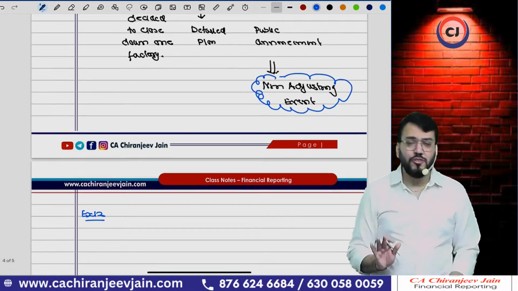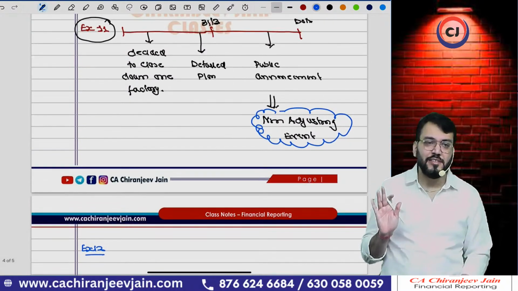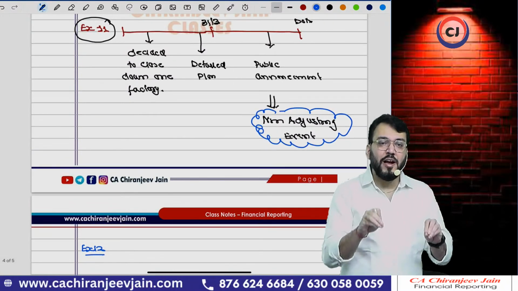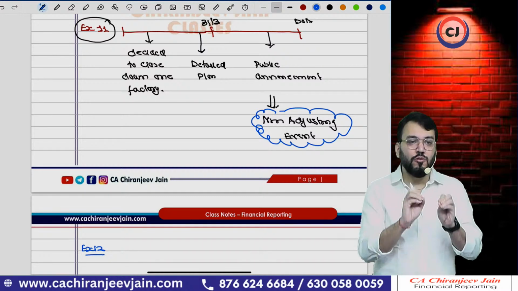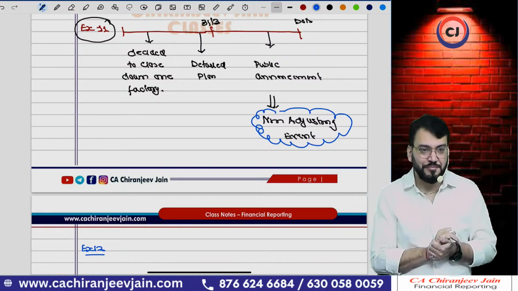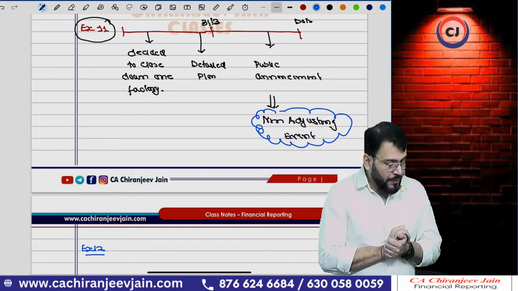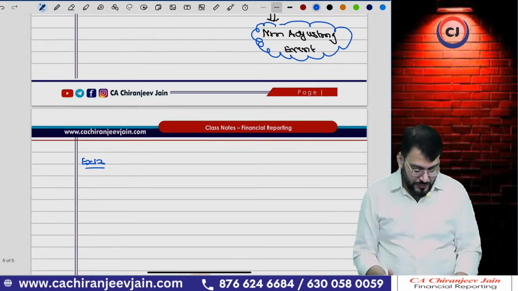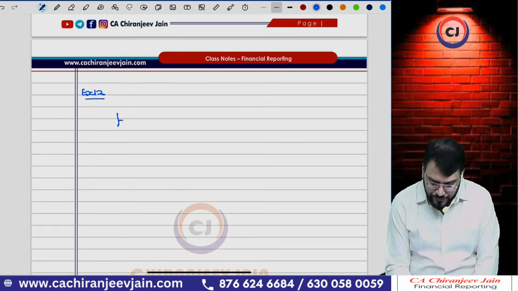This is a practical question. This type of question they will not ask in the exam, but normally you will find this type of situation practically. When you go to audit, this type of situation will come. Last example from my point of view.